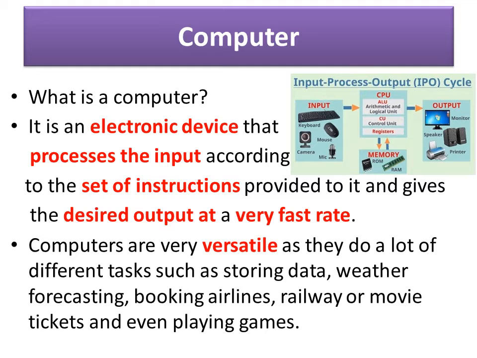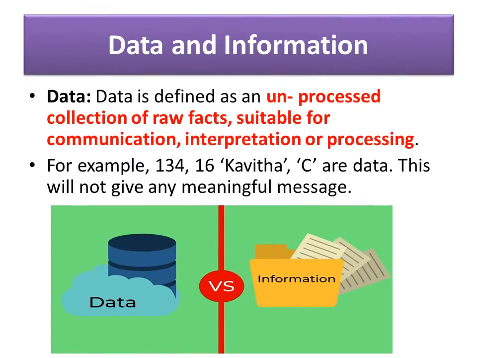So there are so many things we can do with a computer. So we can say a computer is a versatile machine. And it works very fast. It processes the input according to the program that is given and gives the output we desire, and it will do it at a very fast rate.